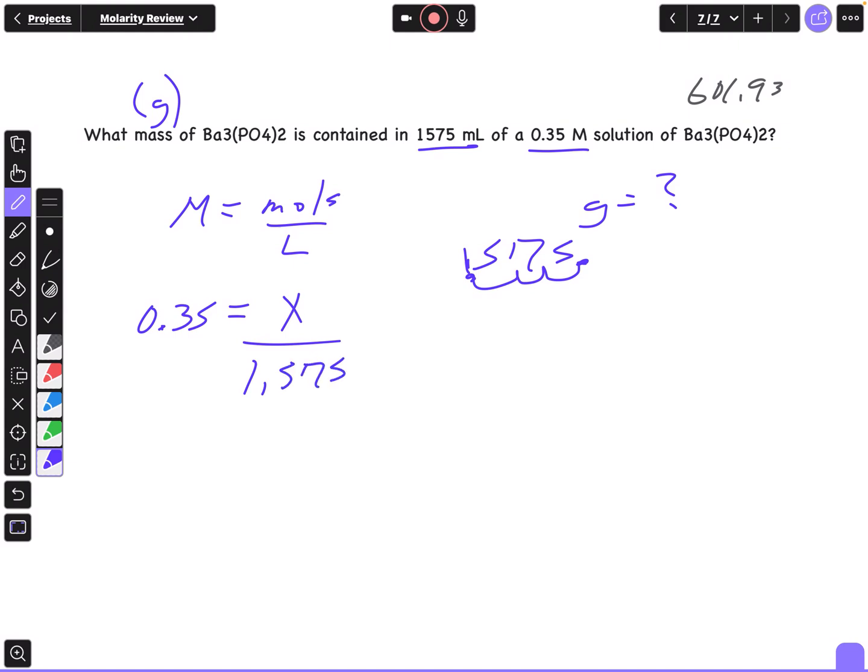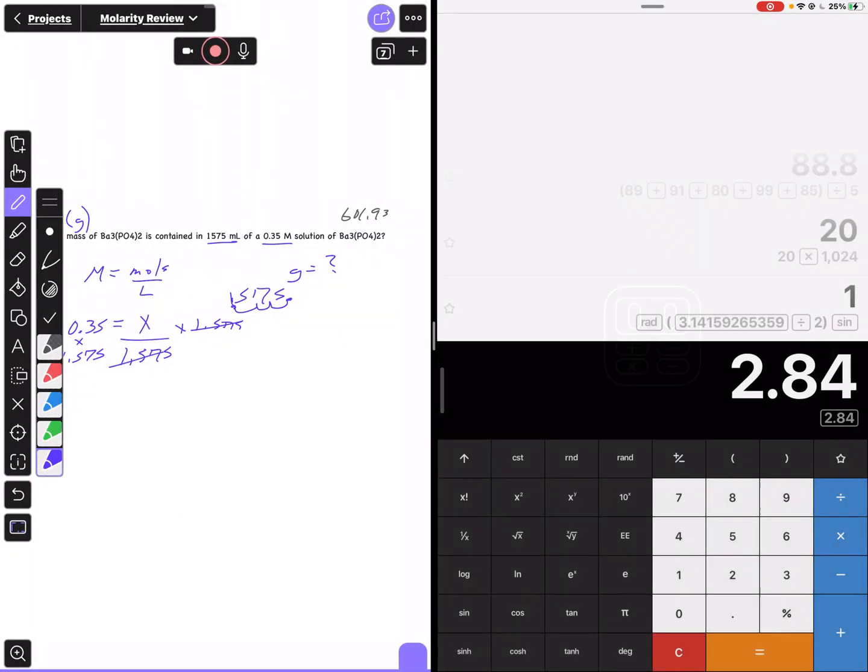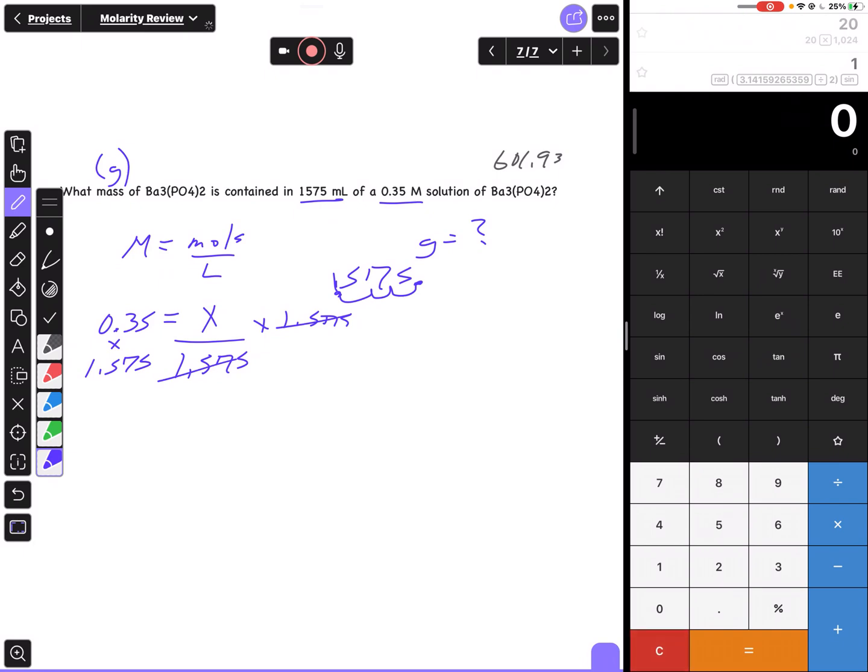So I'm going to solve for X. When I do that, I multiply both sides by 1.575, which cancels on the right and on the left. So X is going to be equal to 0.35 times 1.575. So I take 0.35 times 1.575.